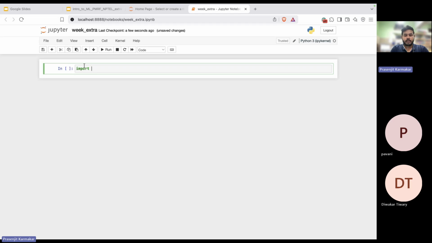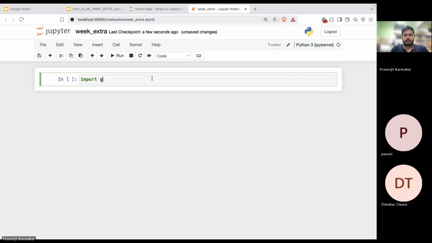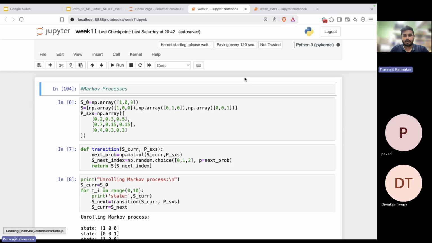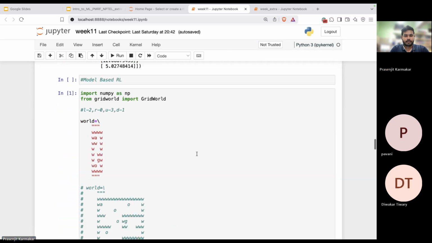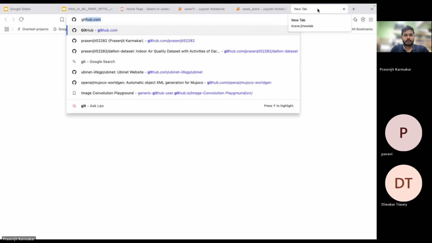Import, let me give you a bit of zoom. From gridworld, import Gridworld. Let's just copy from week 10 or week 11, a small environment or something like this.